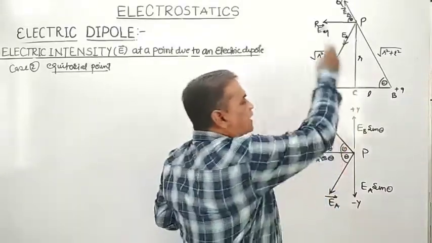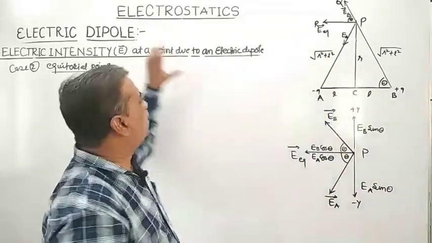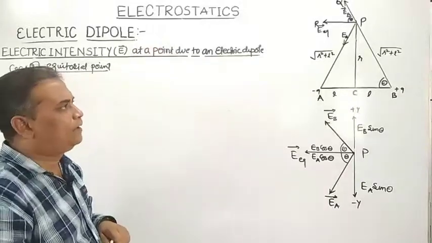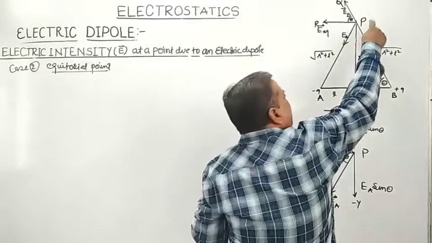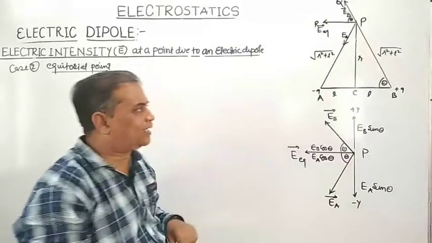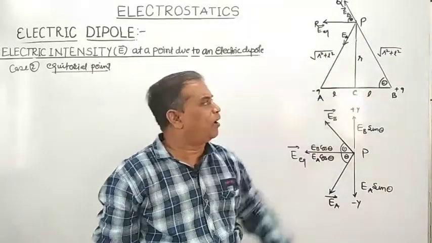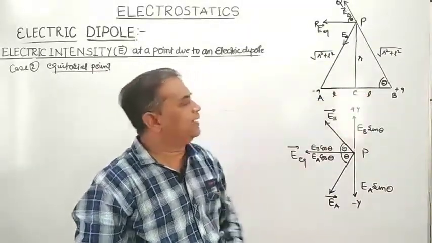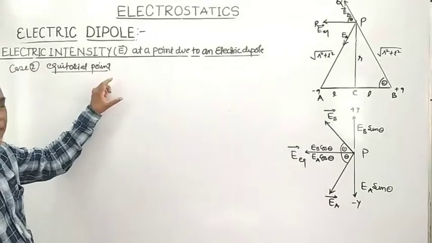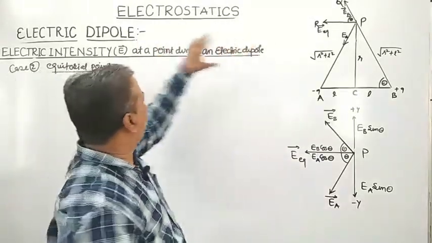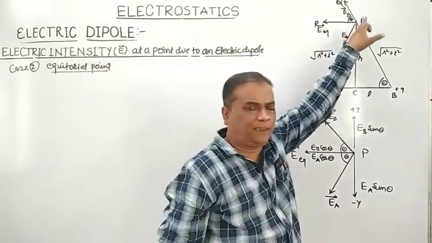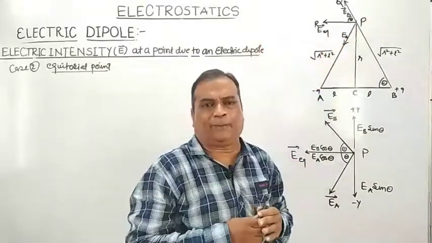So this CP will represent the equator of an electric dipole, such that P is any point at a distance r from the center C of the electric dipole. And here we are interested in finding the electric field intensity at point P due to the electric dipole.